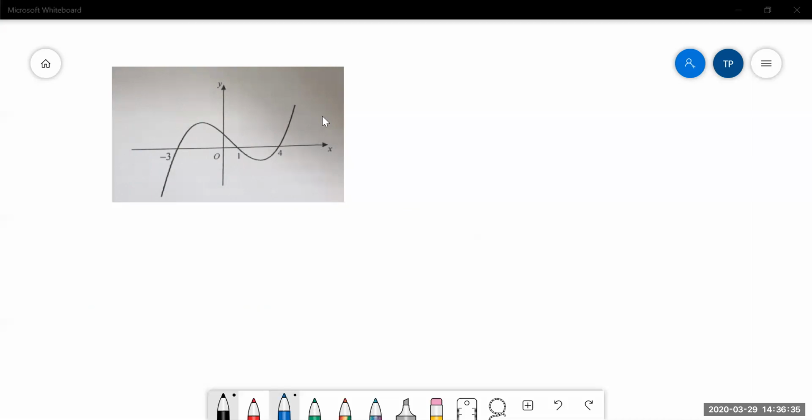Okay. Wait, but this one has no asymptotes, right?